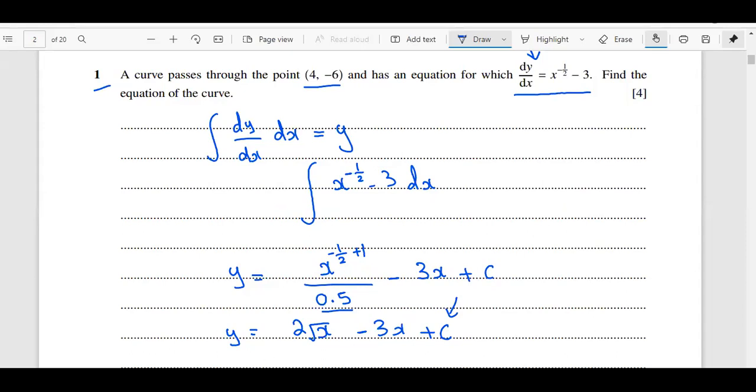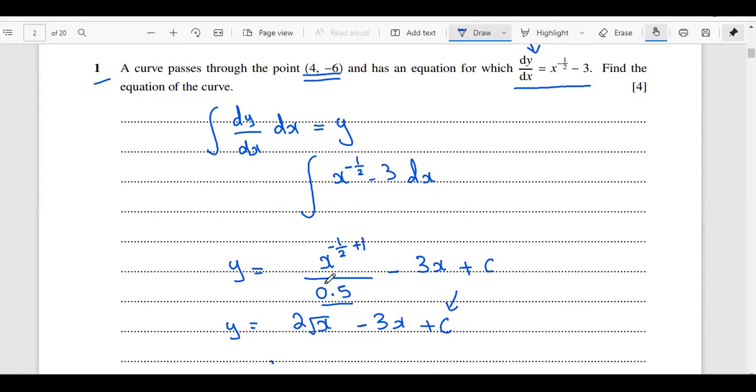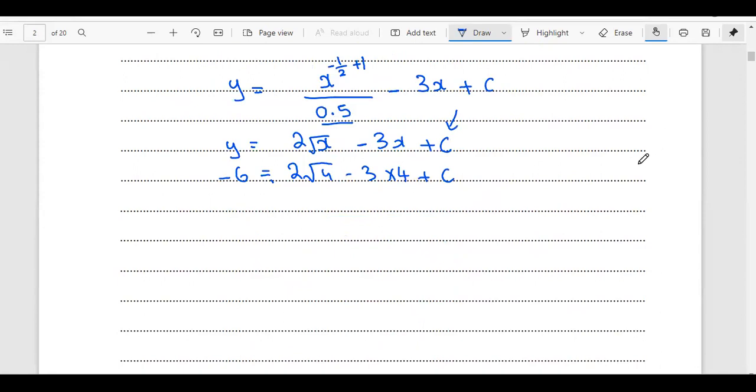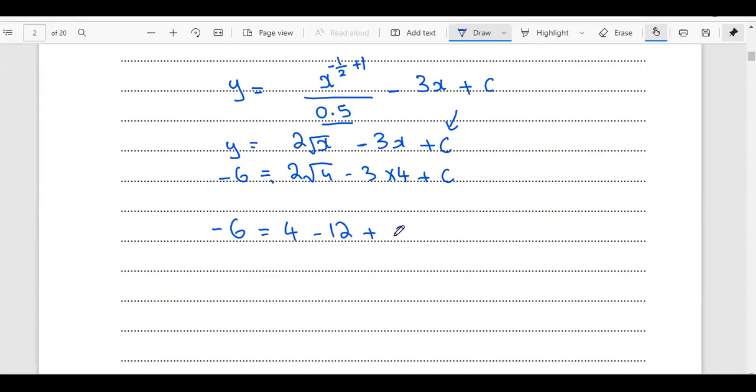So we'll find c. How do we find c? We find c by using this point. So y is minus 6 and x is 4. So this is going to be minus 6 equals 2 into 4 under root 4. That would be 4 minus 12 plus c.